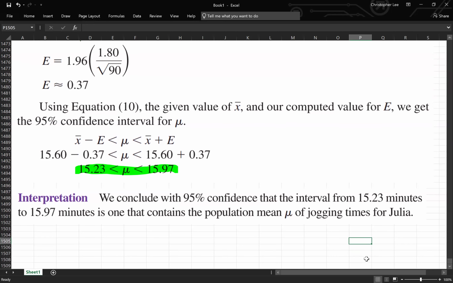So we don't know if this sample will contain it, but we believe that 95% of the time when we take a sample, it's going to have the population mean inside of it.